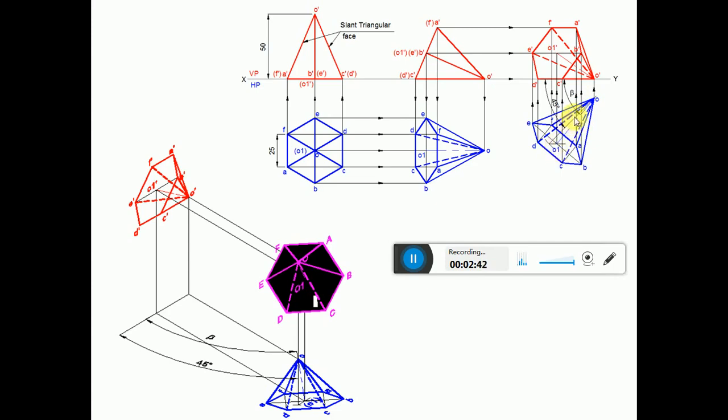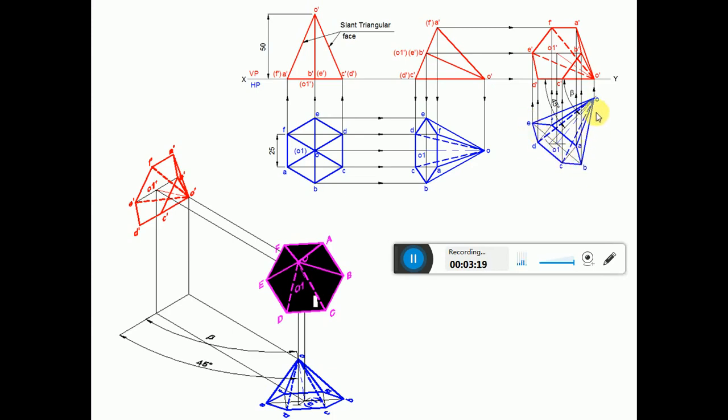Now once you get O1, you transfer all these points onto the third position top view on the apparent inclination line. How to do that? From O1, since O1 to E and O1 to B are perpendicular to O1 according to the second position top view, use the protractor to measure an angle of 90 degrees with respect to O1 line and draw a perpendicular line.